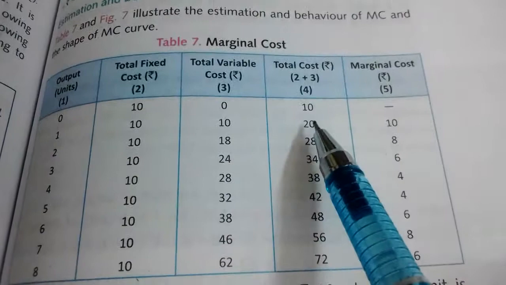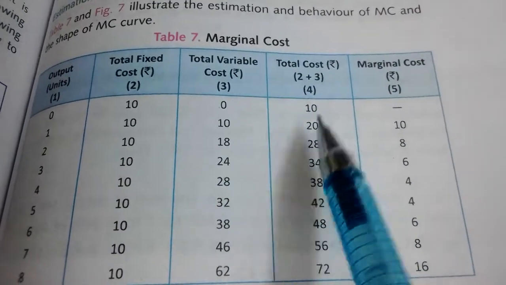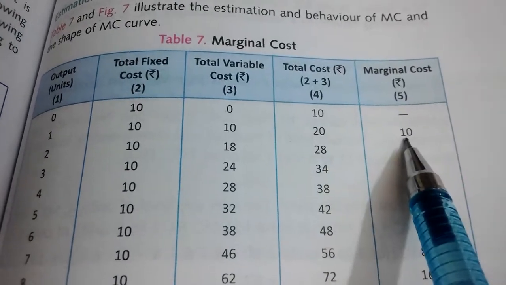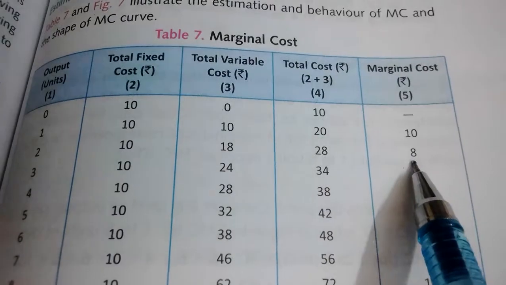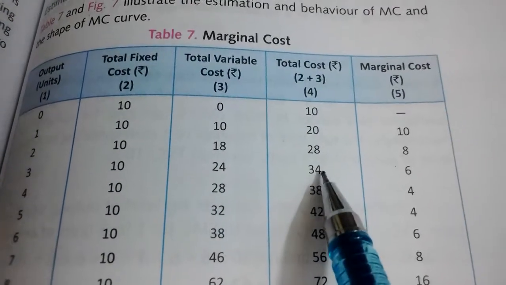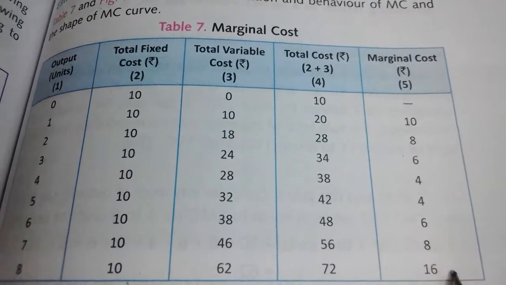Okay, then 20 में से 10 को करेंगे तो we get 10. Then 28 में से 20 को माइनस करना है, we get 8. Then 28 माइनस 34. So this way we are getting the marginal cost.